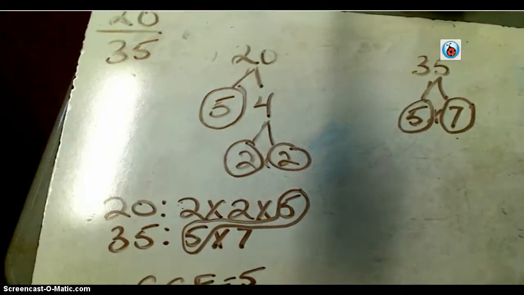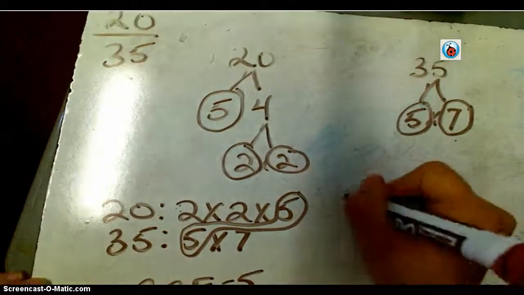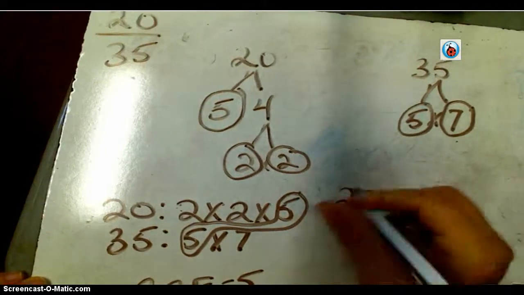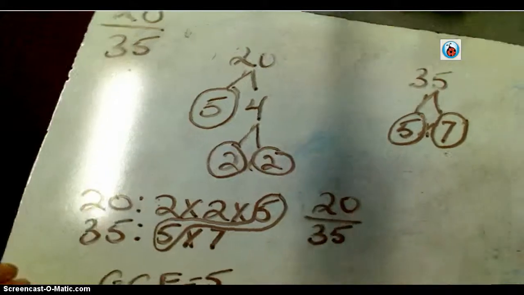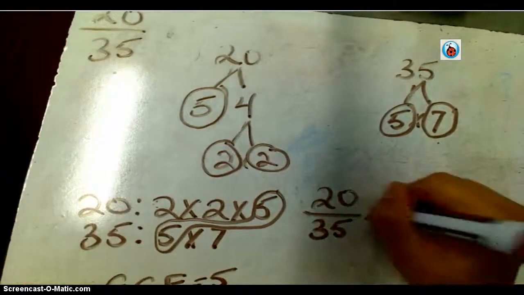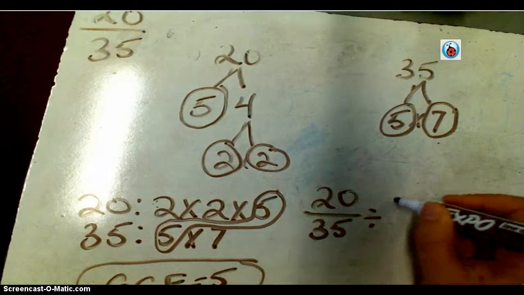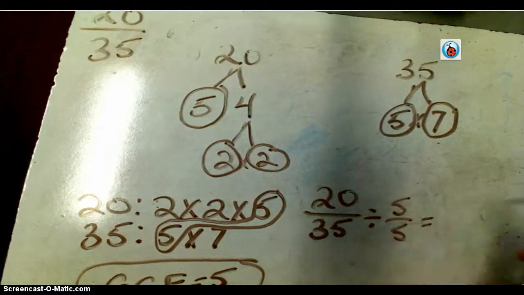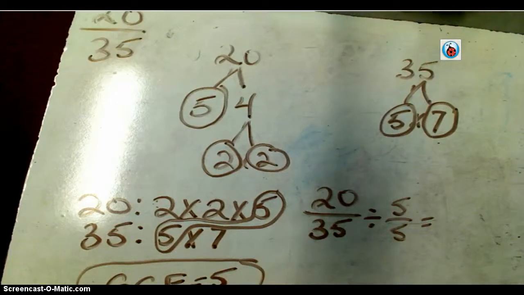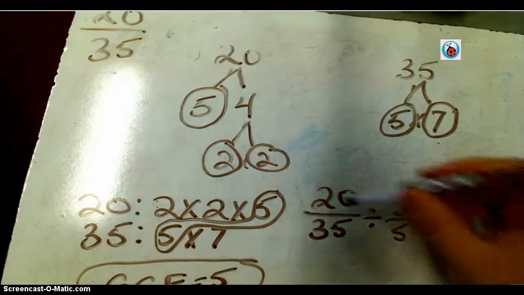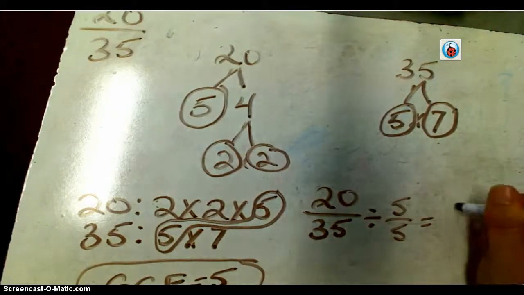Okay? So let's go back to the fraction 20 over 35. If I divide that by the greatest common factor right here, 5 over 5, I will find the simplest form of that fraction. Braylon, pay attention. Okay, so 20 divided by 5?